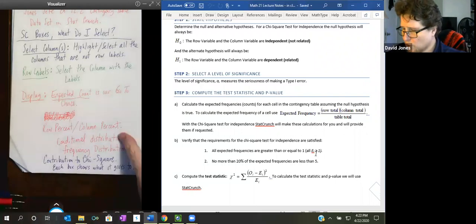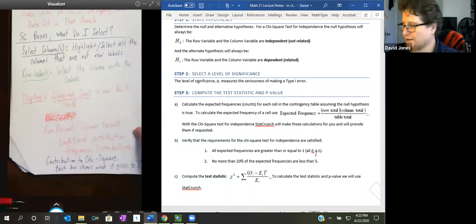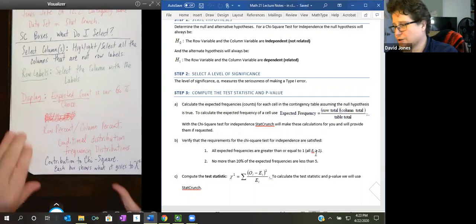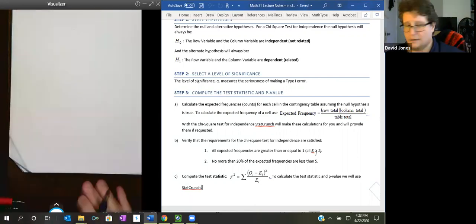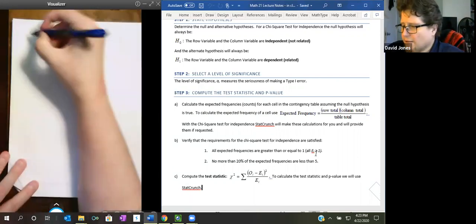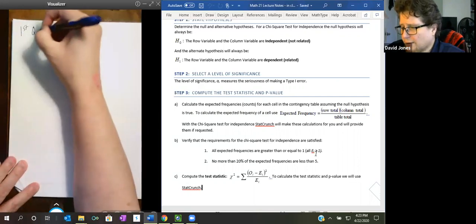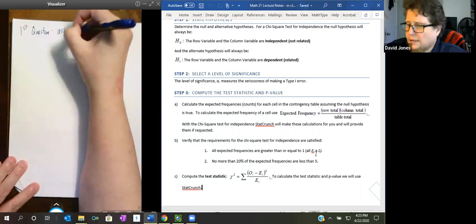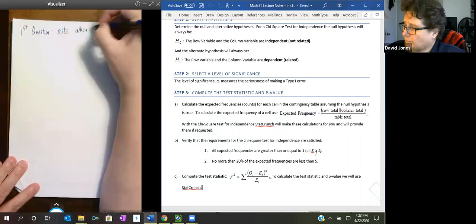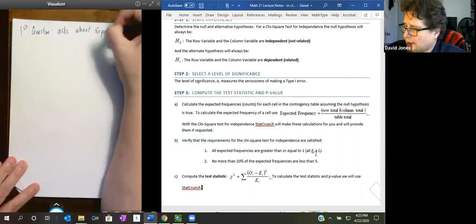Now, I know the first question in the homework asks you this. You're not going to do it, but maybe we should discuss it. The first question asks about expected frequency.